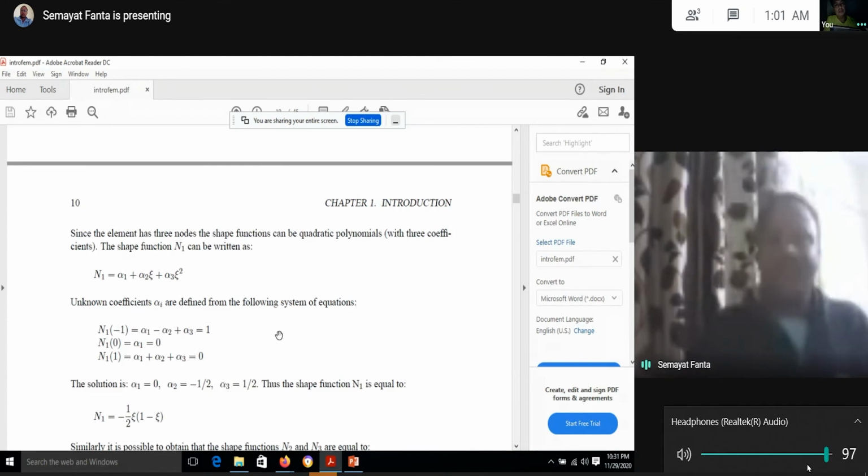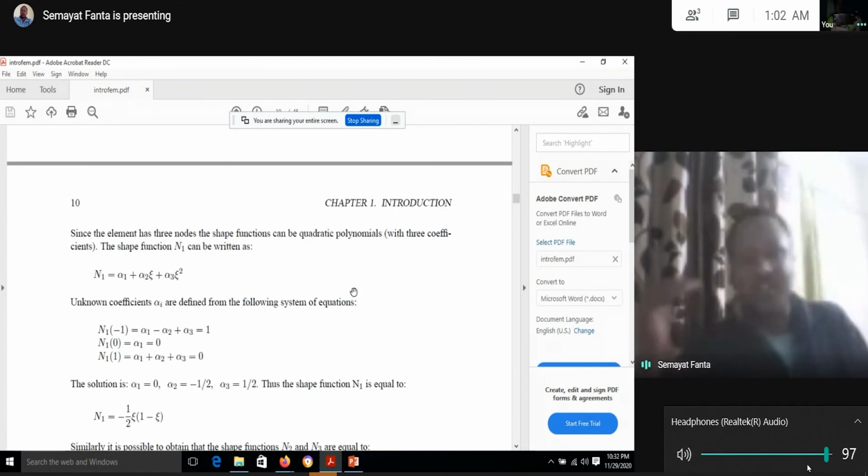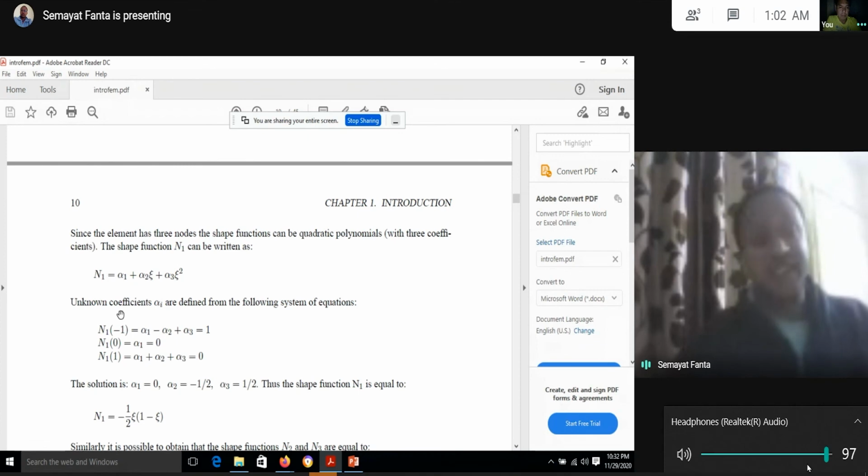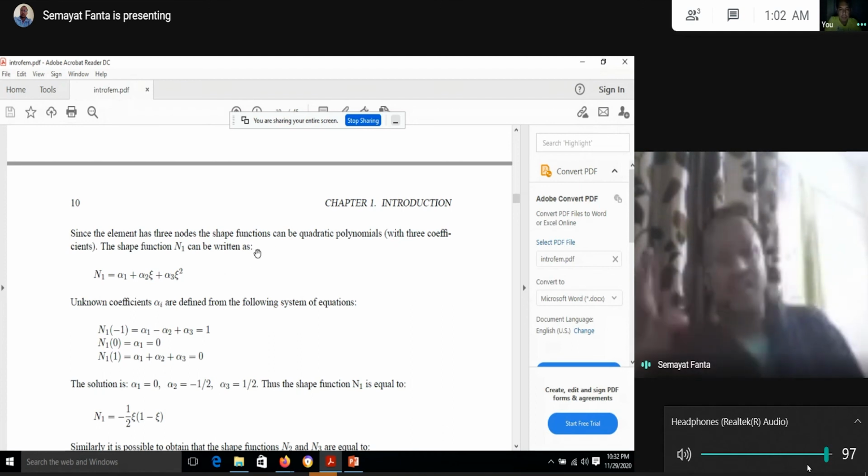For the 3 nodes, the shape function can be a quadratic polynomial with 3 coefficients. The shape function N1 can be written as N1 equal to alpha 1 plus alpha 2 zeta plus alpha 3 zeta squared. So this is a quadratic function where alpha 1, alpha 2, and alpha 3 are coefficients which are defined from the boundary conditions.